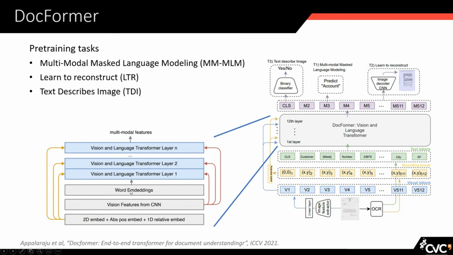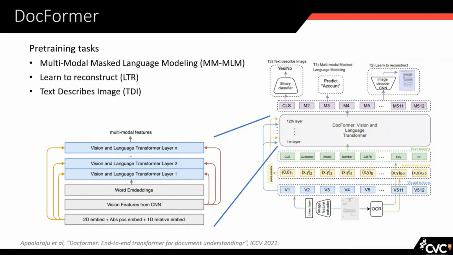And this is pre-trained on multimodal masked language modeling, where, differently than previous methods, they don't mask the image region to better align the image and the text. So to recover a masked token, they can attend to neighbor tokens, but also to the corresponding image part. Also, they pre-train on learn-to-reconstruct, which is similar to an autoencoder method.